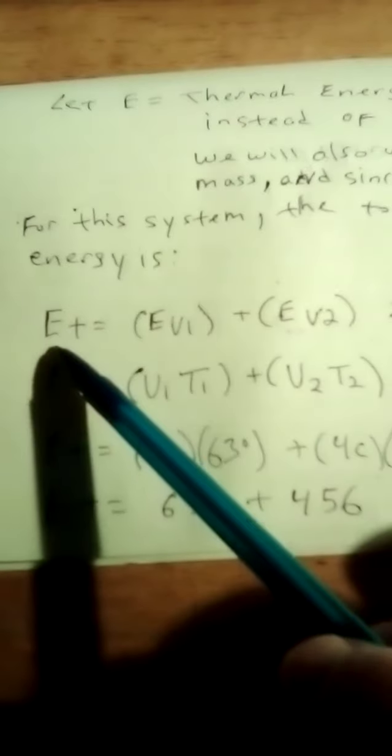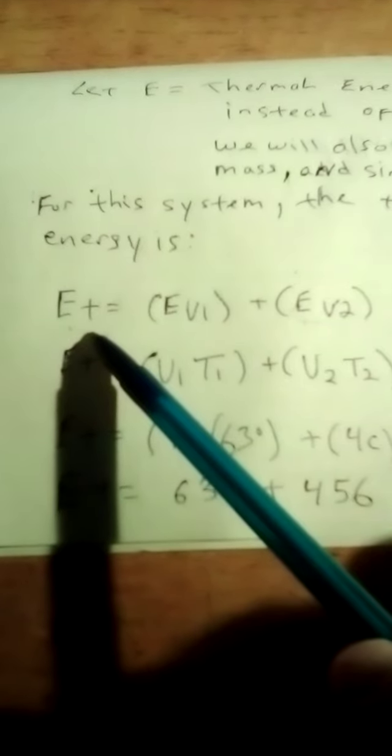Okay, for this system, the total thermal energy is right here. Of course, we're using temperatures instead of joules. The energy of each volume of water is calculated as the volume and the temperature.